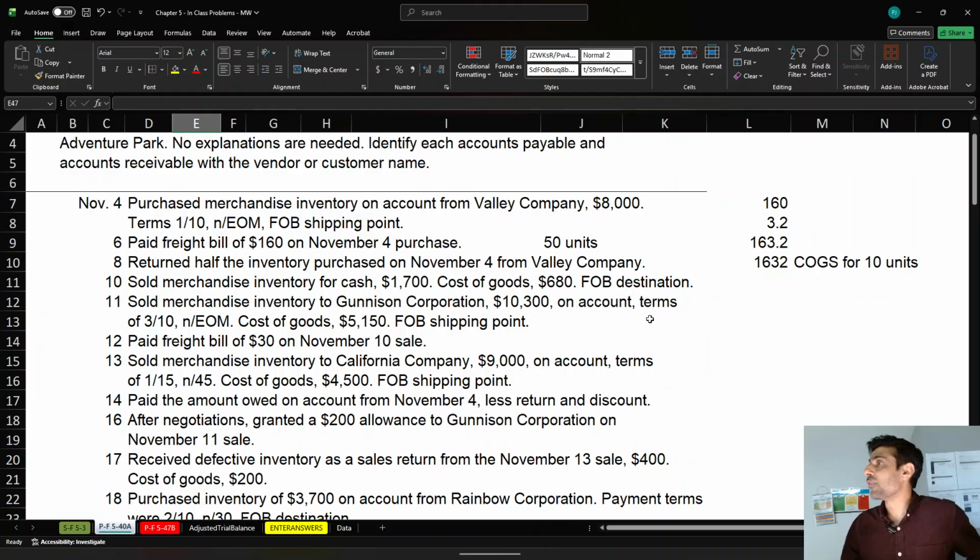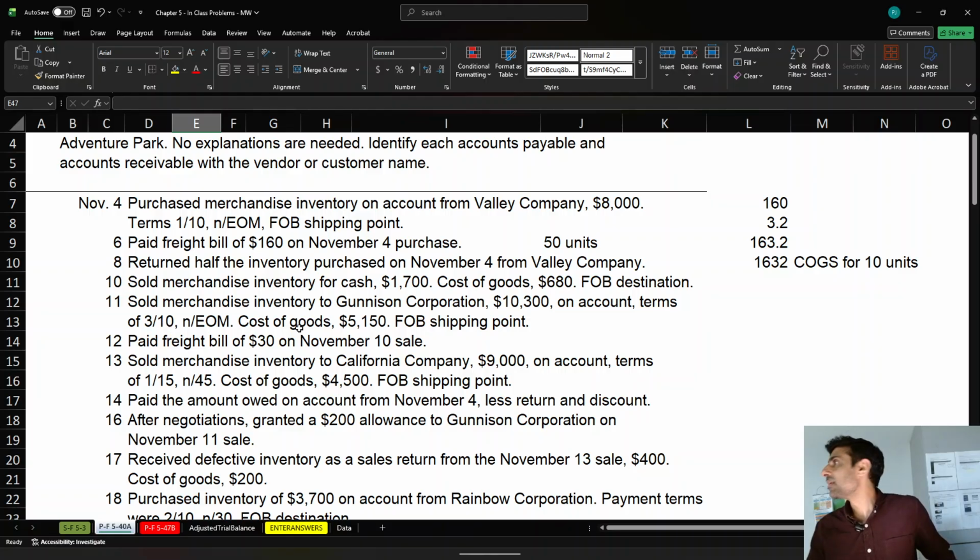Again, for cash transactions, it's irrelevant to have credit terms because you've already received the cash, right? So the credit terms are only for when you're buying or selling on account, because either your vendor is trying to incentivize you to pay sooner, or you are trying to incentivize your customer to pay you sooner. In this case, we're trying to get our customer to pay us sooner. Within 10 days, we're going to offer them a 3% discount if they pay us within 10 days.